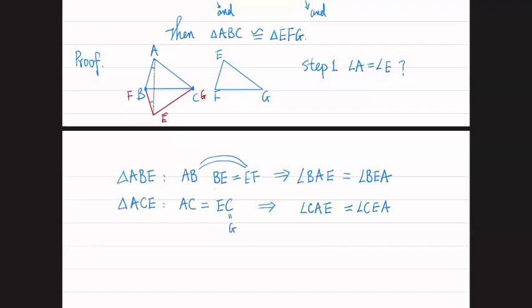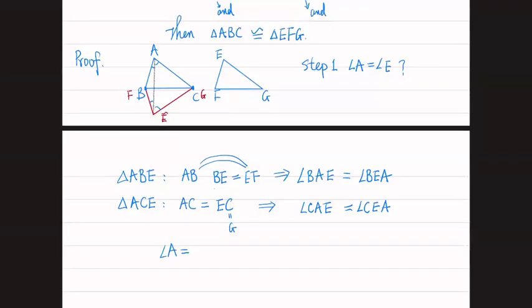Then we conclude the two angles are the same measures. In particular, angle A is the summation of the two angles. BAE, BEA, same measures.